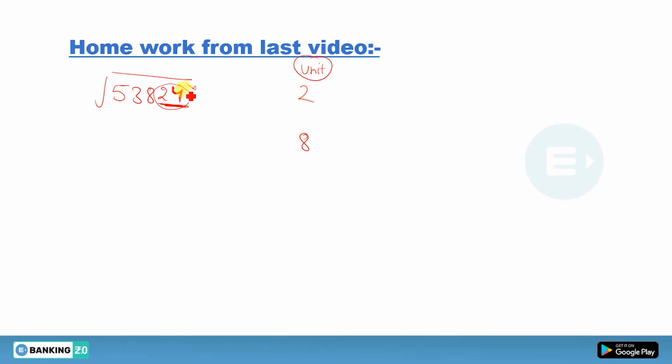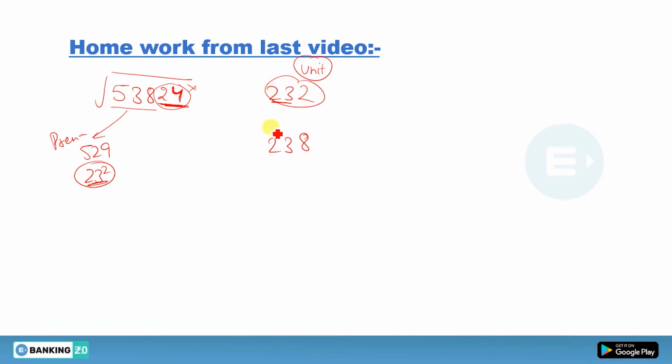Now here is this 538. What is the previous perfect square? For 538 the previous is 529, and what is 529? 23 square. So you get 2 3, and we put this 23 here and this becomes 232 and 238.